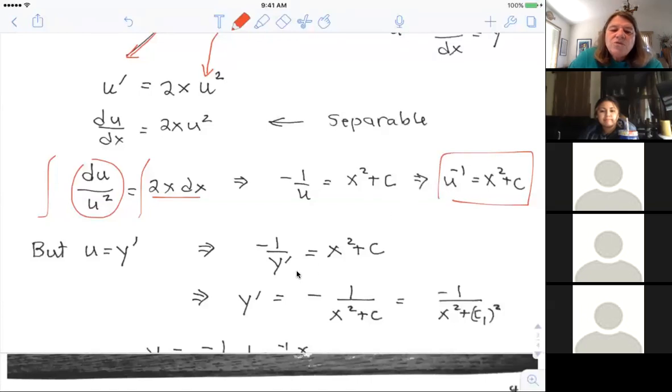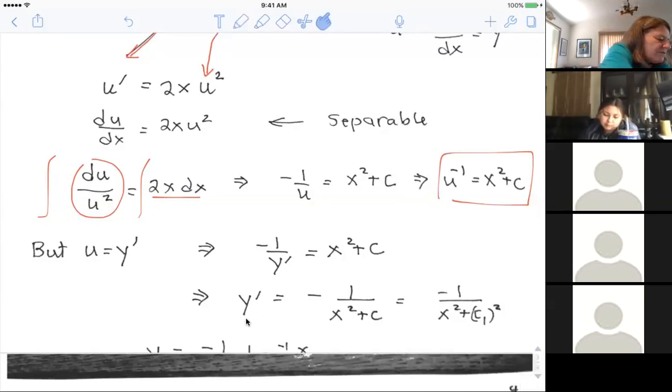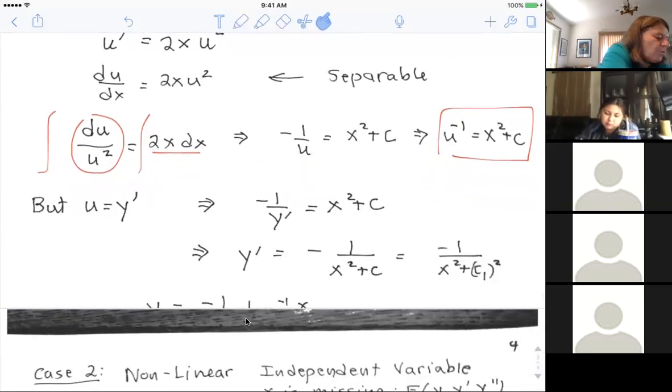Since we knew that u was y prime, I'll put it back in. So minus 1 over y prime is x squared plus c. I'll make it look a little better and invert things there. That means y prime is minus 1 over x squared plus c.